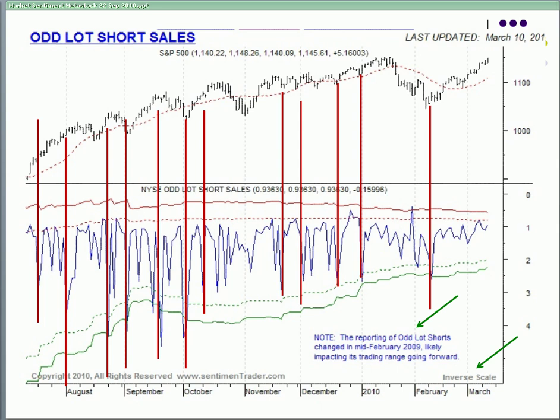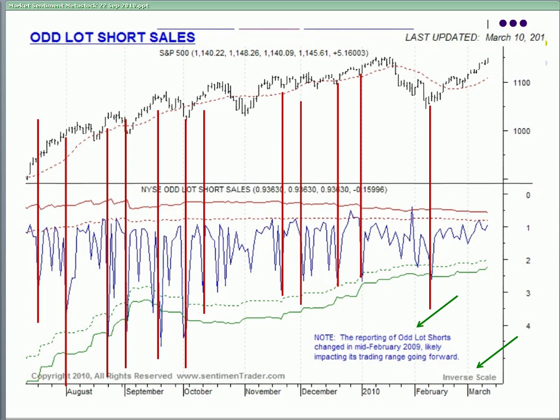We also know that the small trader doesn't usually go short. Therefore, using the theory of contrary opinion, if the small trader is very short the market, that would ordinarily be an indication of a market that's going higher.